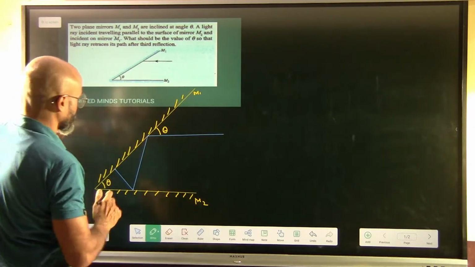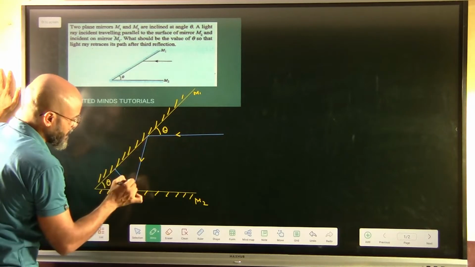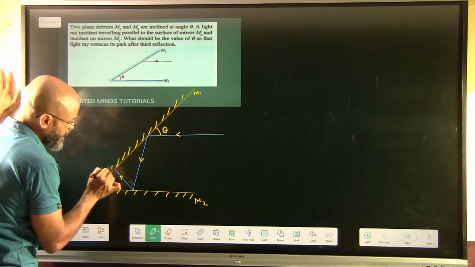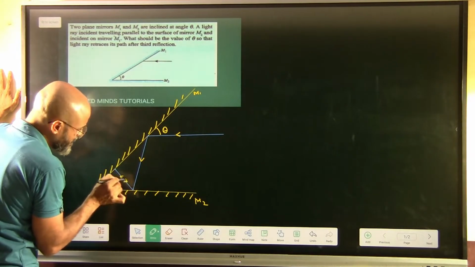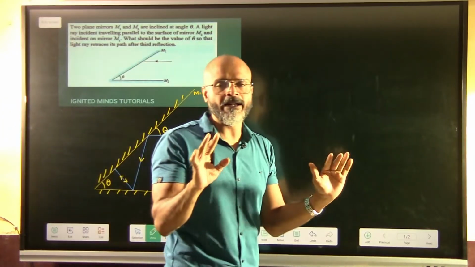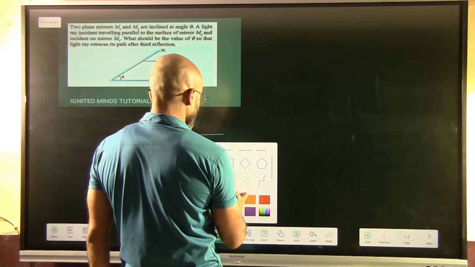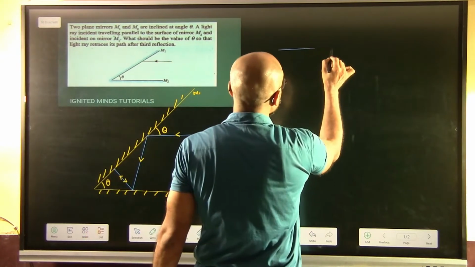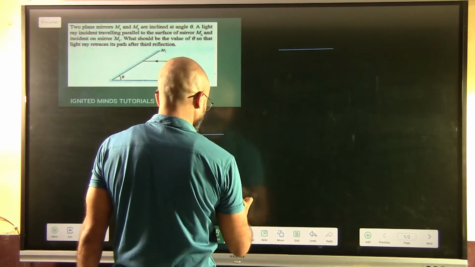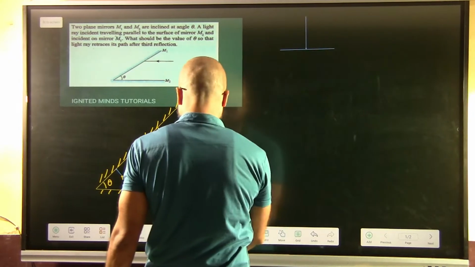What should be the value of theta so that the light ray retraces its path? The light ray comes here, after the first reflection it gets here, after the second reflection it goes here, and then it retraces its path after striking this mirror. A very clear-cut concept here is that if a light ray strikes a mirror normally, it will retrace its path back in the same direction.